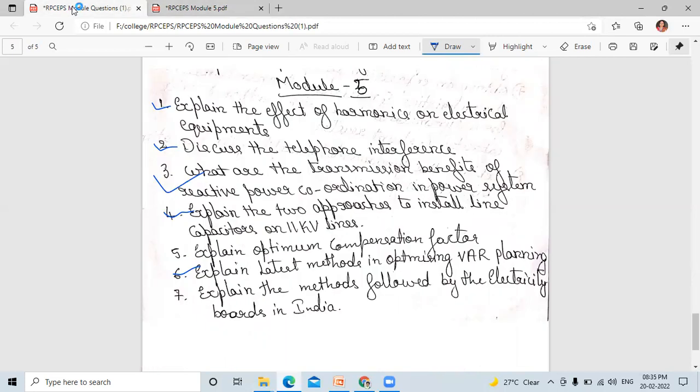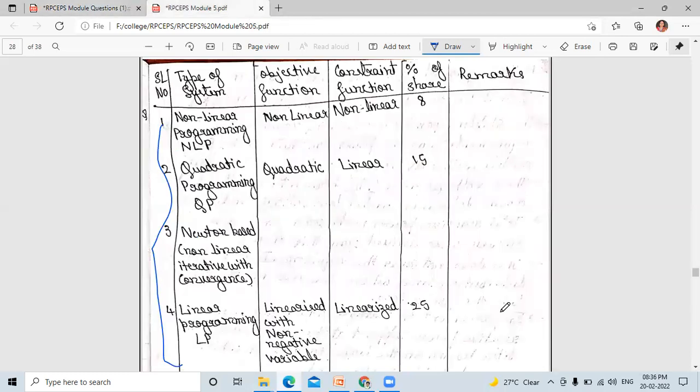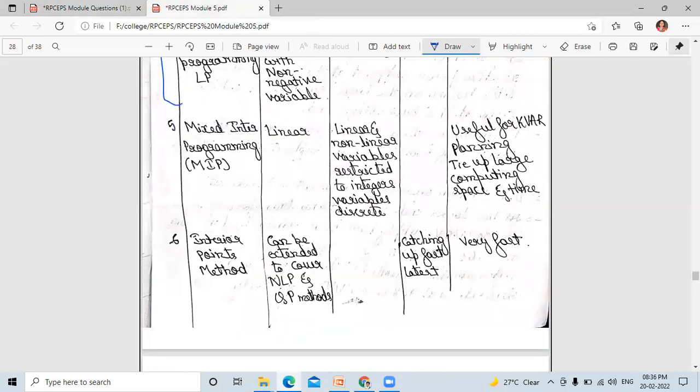Next, explain the methods followed by the electricity boards in India. This is the final question.